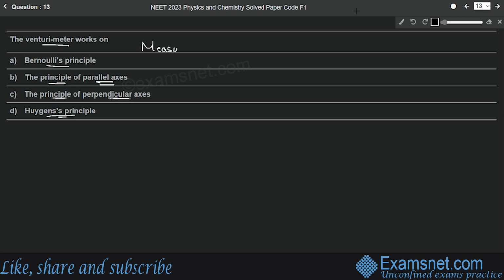So it measures the flow rate of fluid through a pipe, and the principle that it uses is Bernoulli's principle. So option A will be the correct answer.